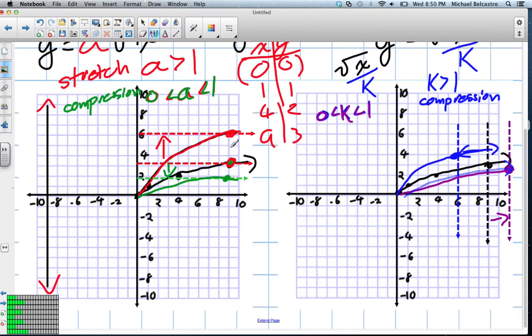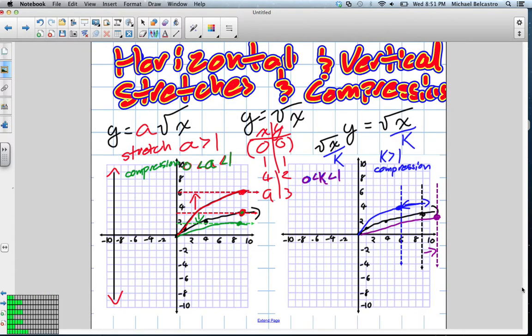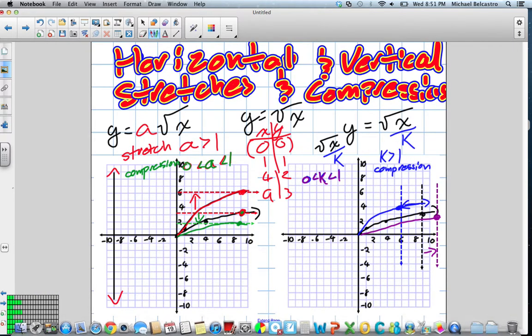Now these aren't drawn perfectly, like their points aren't drawn perfectly, and we didn't have values for them. Really, we should have looked for the blue value here and the purple value out here. But that's the idea. They create the same types of movements, they're just called different and have to do with different numbers when we're talking about A and k. Does that make sense for vertical stretches and compressions?